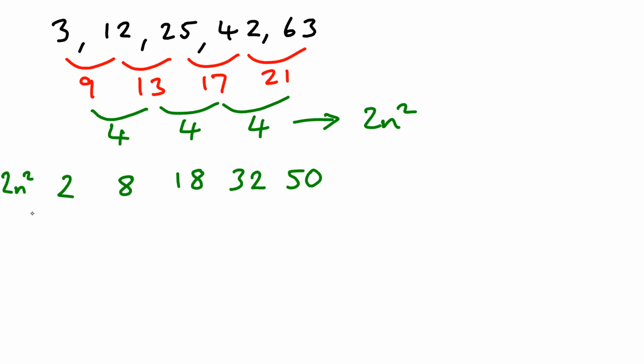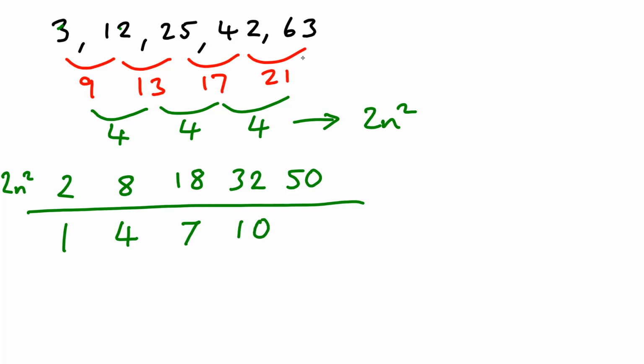Now I need to work out what that leaves me with. If I started with 3 and I take away the 2, that leaves me with 1. The second term, if I started with 12 and the 2n squared gives me 8, then that leaves me with 4. I started with 25 and this gives me 18, so that leaves me with 7. And if I carry on, 42 take away 32 is 10, and 63 take away 50 is 13.